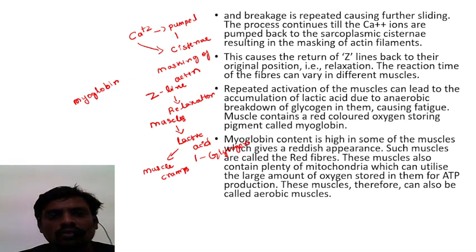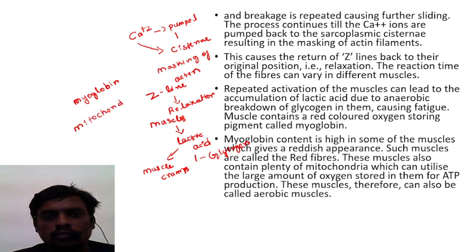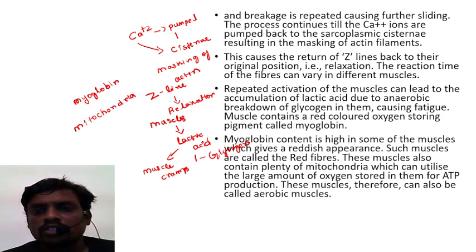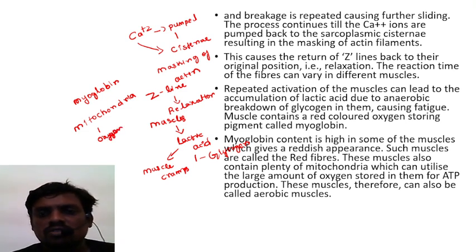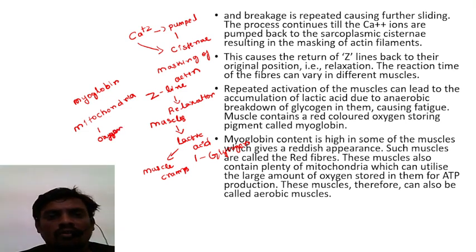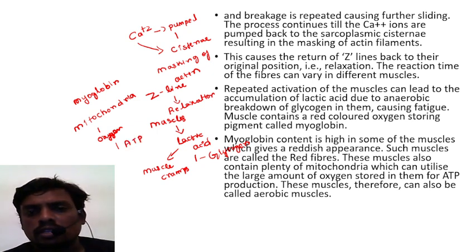These muscles also contain mitochondria. You know very well about mitochondria, which help in cellular respiration and can utilize a large amount of oxygen. They utilize the large amount of oxygen stored in them for the process of making ATP during cellular respiration.